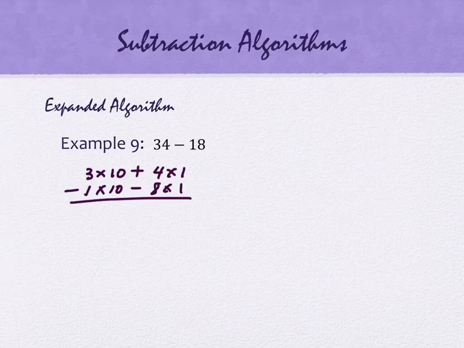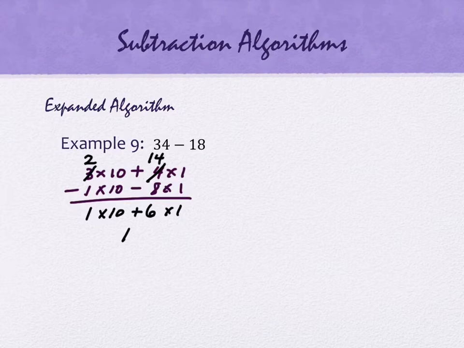And there's a problem, of course, because if I do this directly, I can't take away 8 from 4. So I have to borrow. The 3 becomes a 2, and the 4 ones become 14 ones, so that when I subtract, I have 1 times 10, and I have 6 times 1 left over for 16.